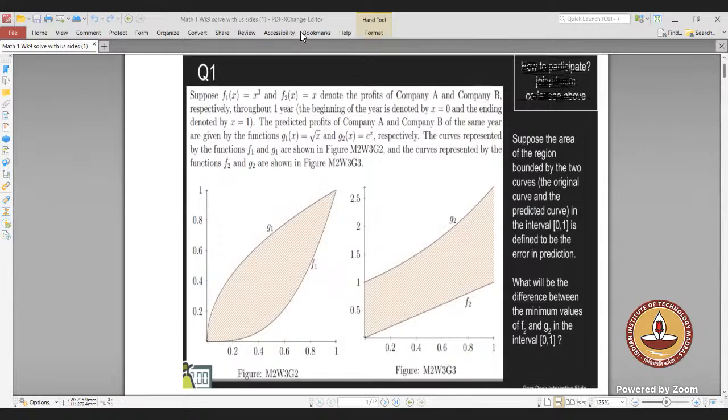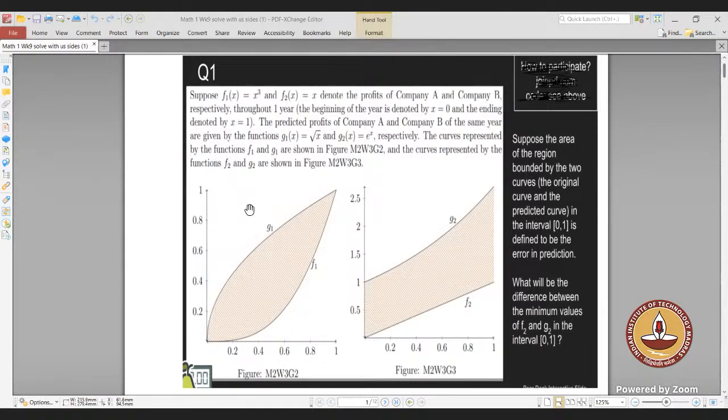Okay, just a minute. Those who solved it, which approach did you take? Can someone unmute and tell me? Actually, everyone got the correct answer, those who have solved it.